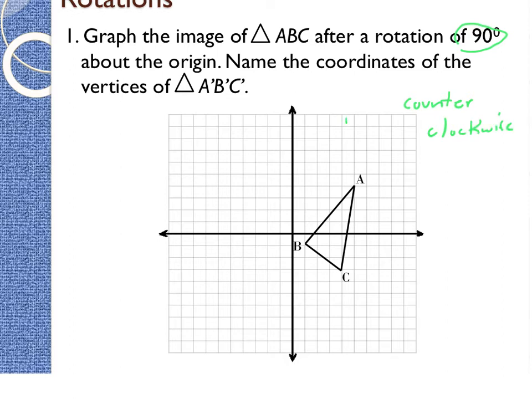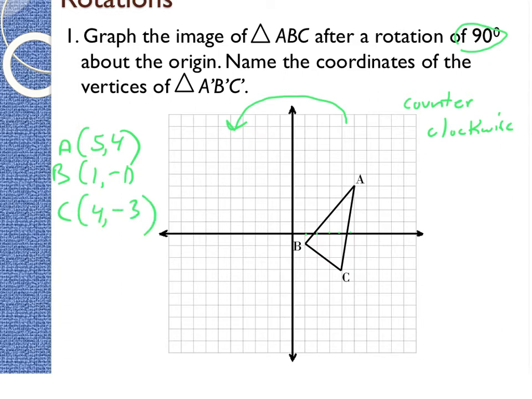Which means we're going to take the shape and go to the left, which is going to take it and rotate it. So if we look at A, the A we have now is 4, 5. B is going to be 1, negative 1. And C, 4, negative 3.